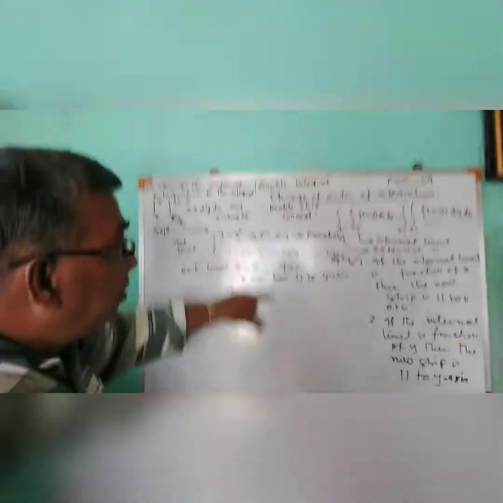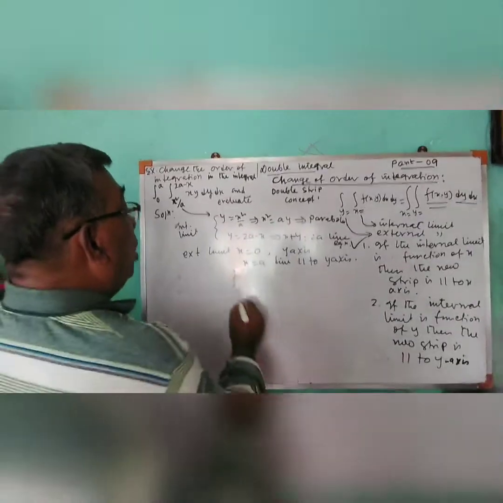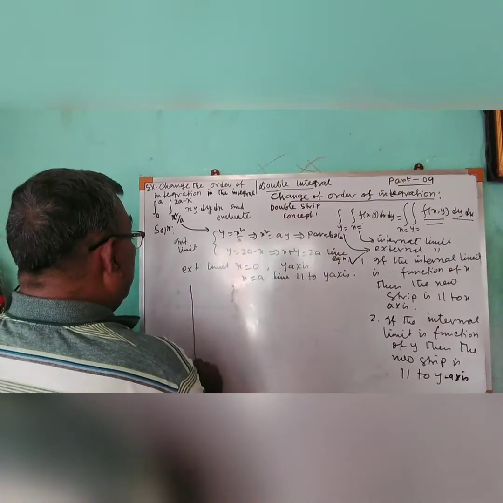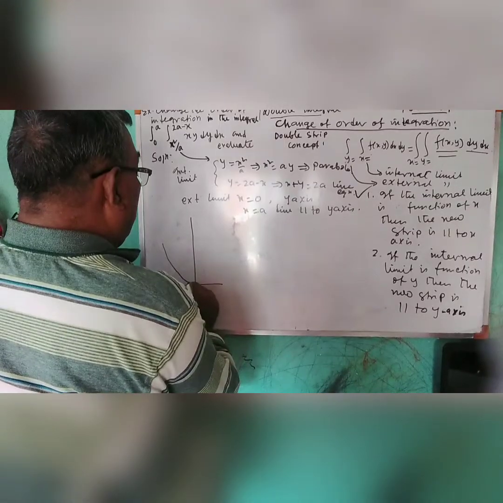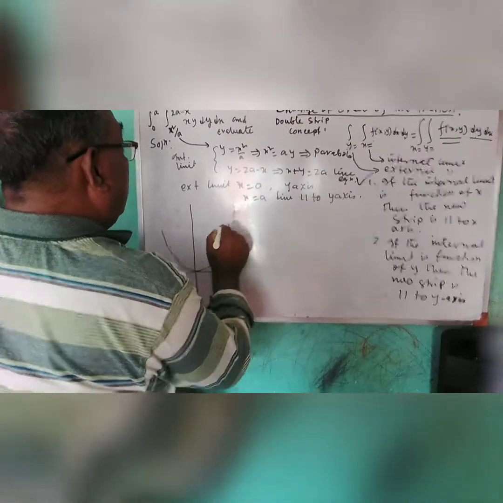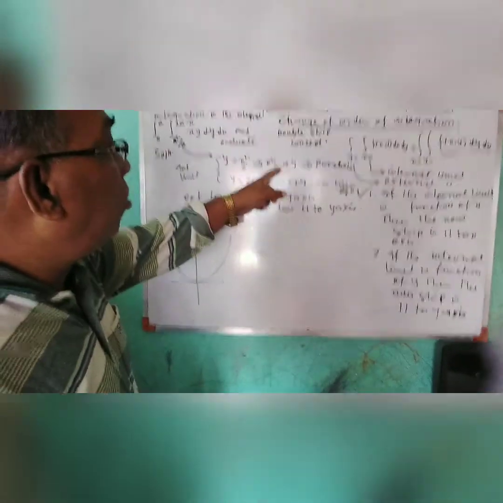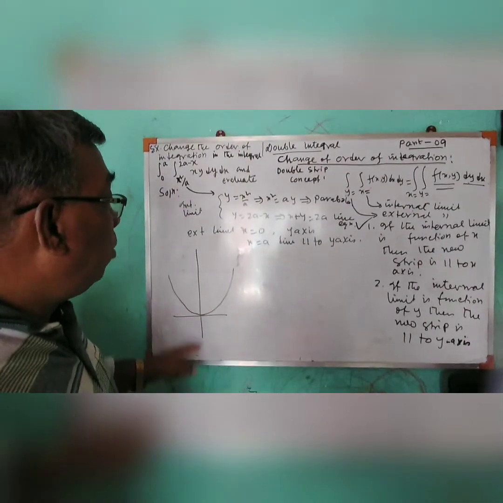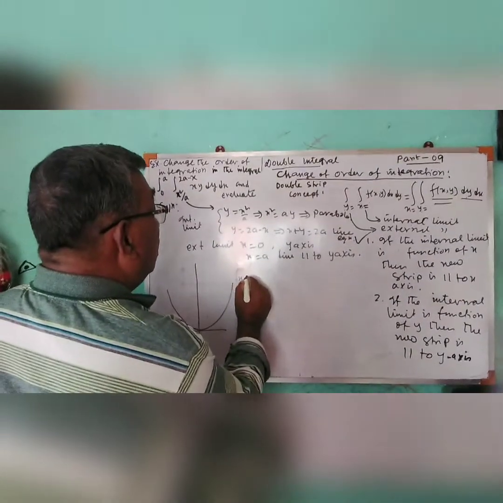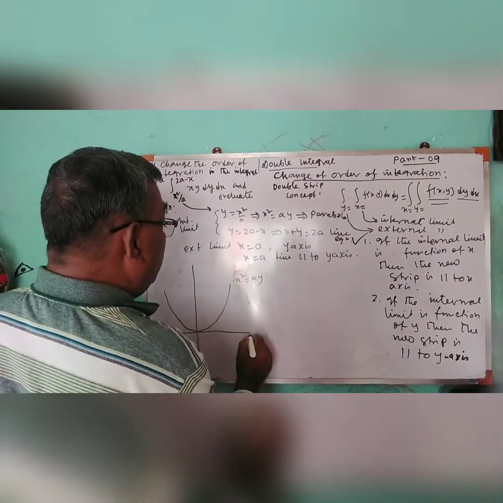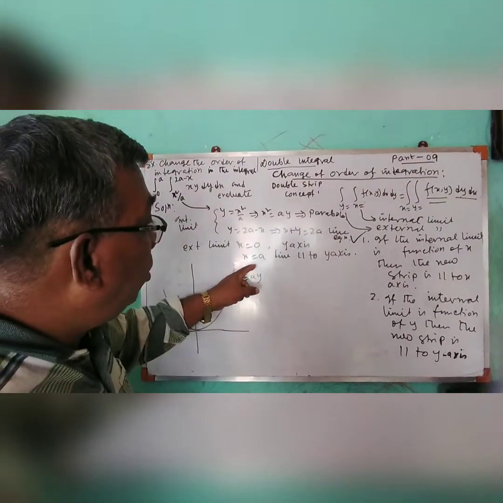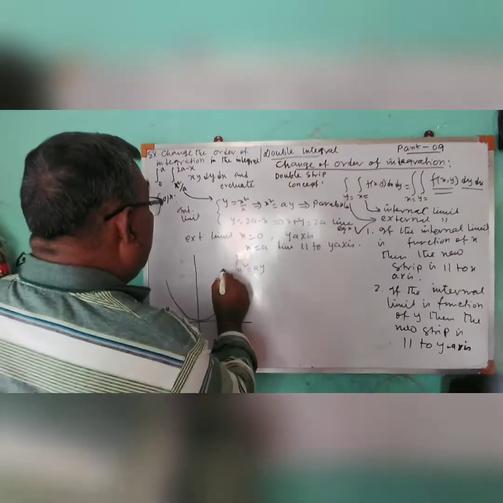Now from this, I have to draw a rough sketch over here. I am drawing this parabola, x square equal to ay. Now you see x equal to a, this is the line x equal to a.